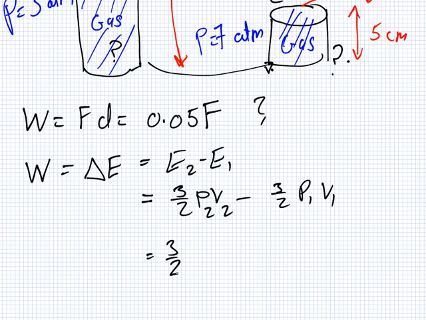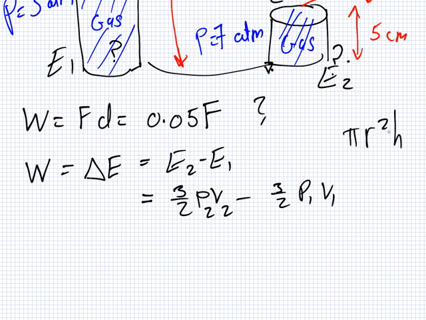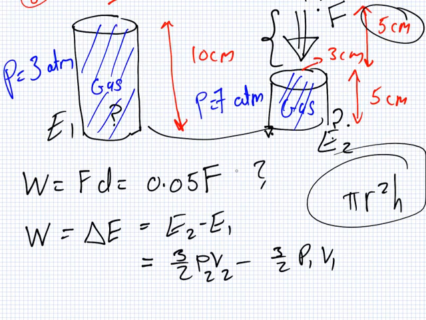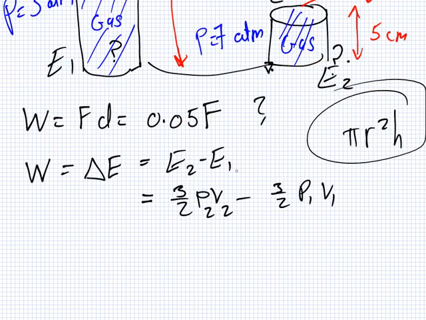Well, I'll just calculate it. Sorry, this is E1 and this is E2. You know this formula. Alright, so P is firstly 7 and 3 atmospheres.